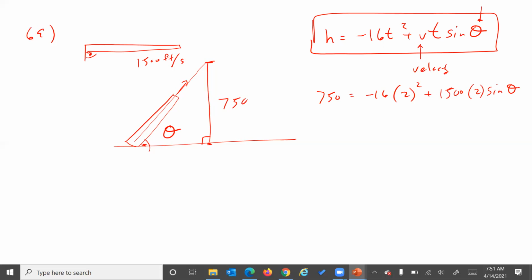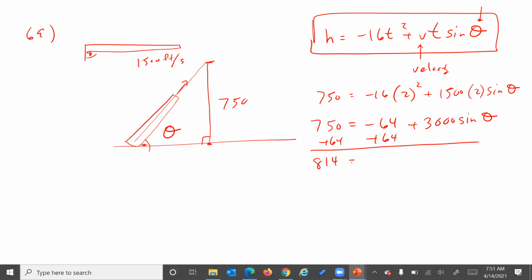Okay, talk about working backwards here. Let's see. 2 times 2 times 16 is 64, is that right? So negative 64 there. This would be 3,000 at that point. And how about if we add 64 to both sides?